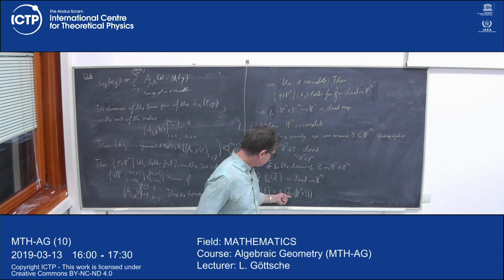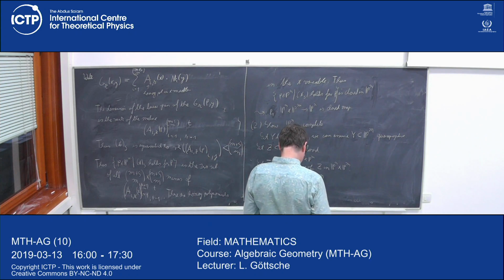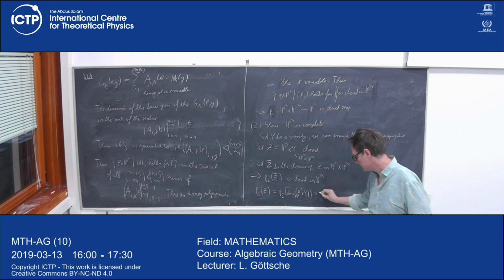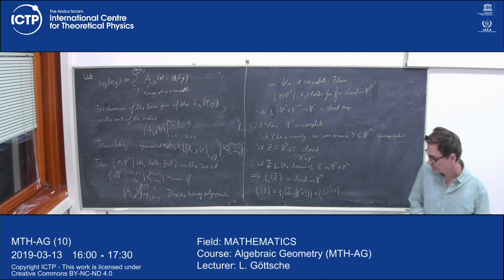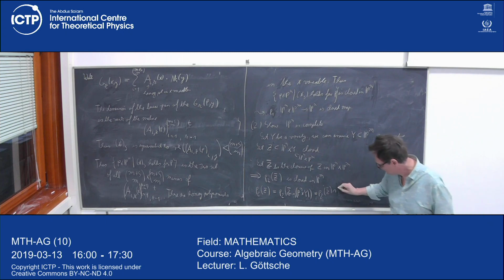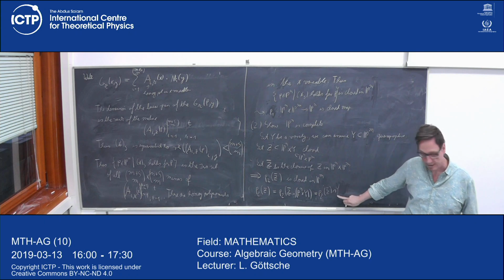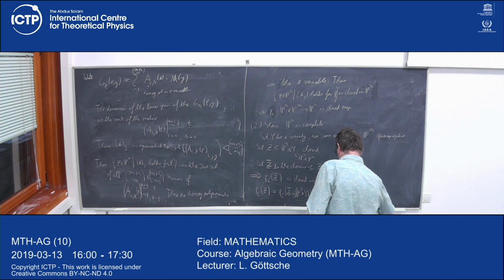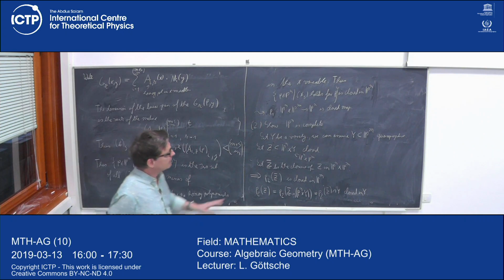What does that mean? This just means that this is the second projection of Z bar intersected with Y. And so this is an intersection of a closed subset in Pm with Y. So it's closed in Y. Okay, and so this shows that Pn is complete.